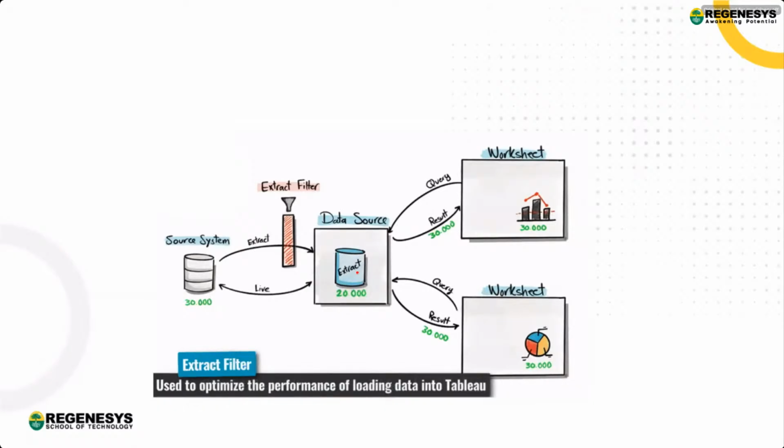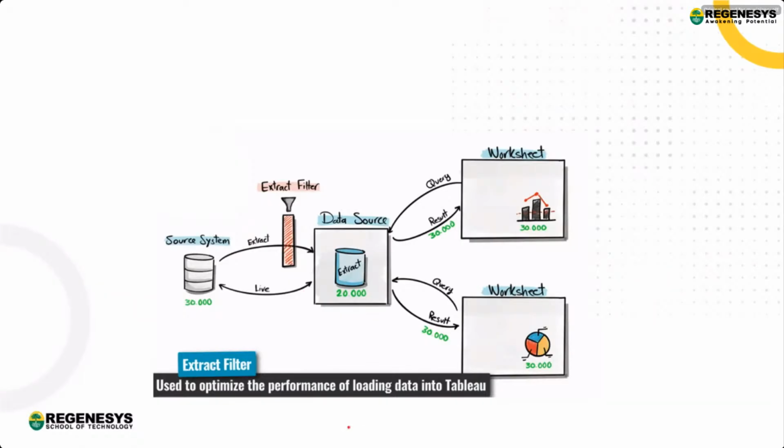Then where it is very good is if we look at performance. When we don't require anything, we are just keeping it out before getting it into Tableau. So it gives more optimized performance because the data which is not required is not even getting into Tableau.